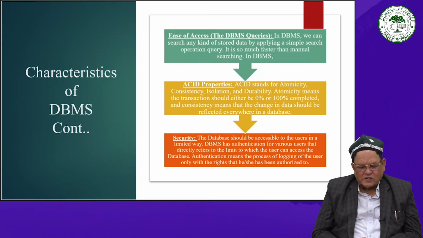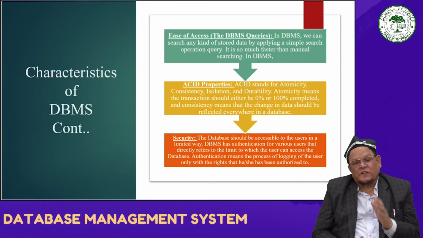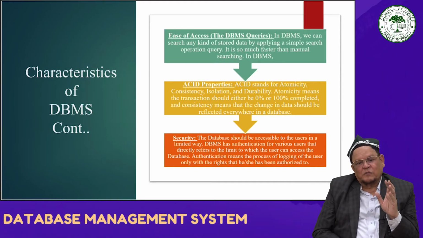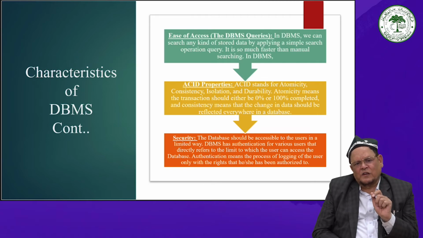And the next is security. Database should be accessible to the user in a limited way. The permissions you have to grant, and sometimes depending on the situation you have to revoke them. Sometimes you give permissions so that users can only access particular objects or only retrieve information.